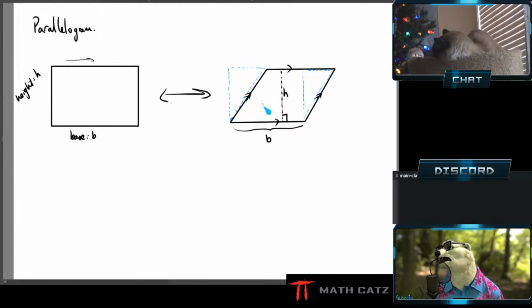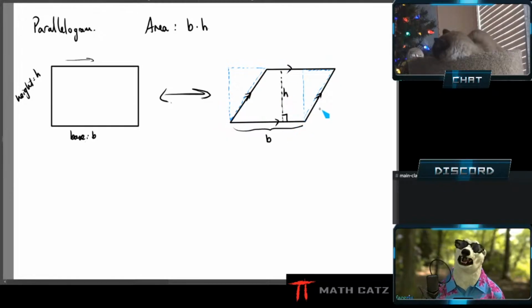But because there's such a close link between these two, that you can imagine going from the rectangle and deforming it to a parallelogram, or cutting out the triangle and shifting it over, making the rectangle whichever way you want, the area of the parallelogram is the same as the area of the rectangle, which is the product of the two side lengths. Or in the case of just looking at the parallelogram, the length of the base times the height.